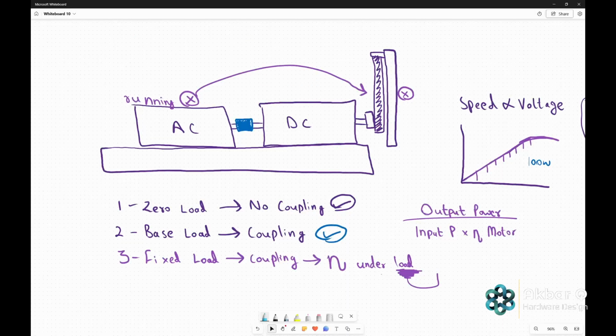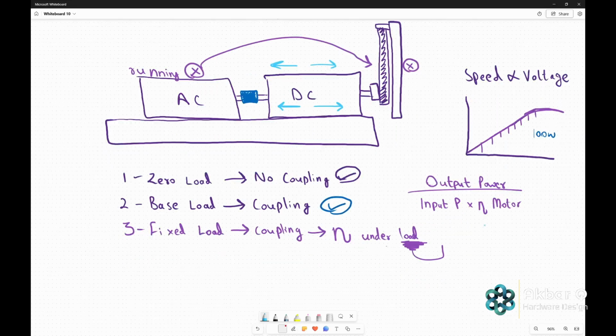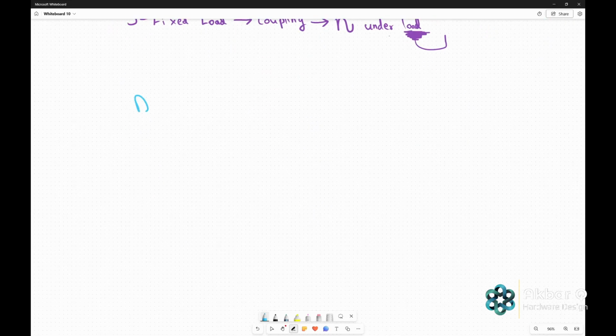So basically, the DC machine has two loads. One load is the dead weight AC machine, one load is a friction belt. Some power is going here, some power is going here. So the output of the DC motor is equal to dead load plus friction force, or friction load.